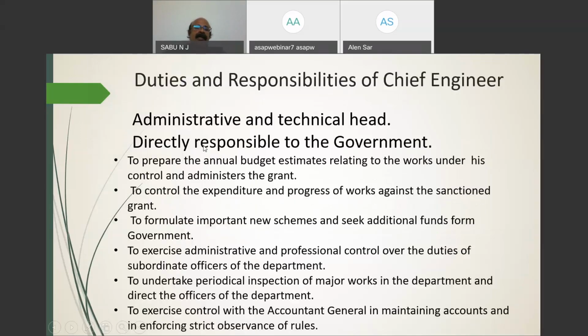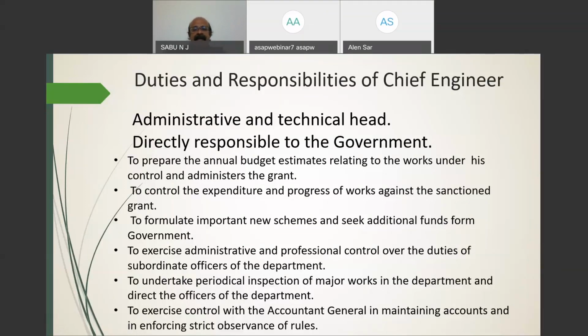So let us look at our organizational chart and examine the main duties and responsibilities of the chief engineer. We have already discussed the hierarchical position of the chief engineer. He is the chief person entrusted by the government to look after all functionaries in his department.